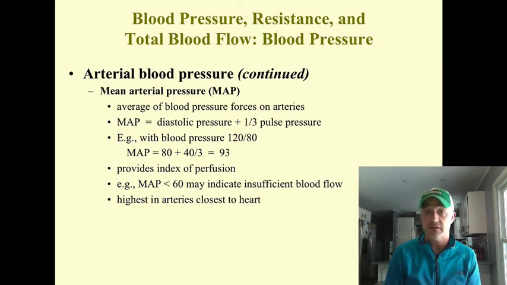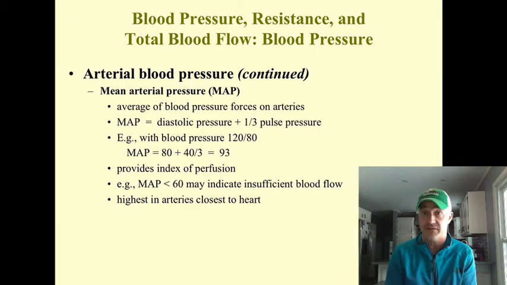So this mean arterial pressure on a normal blood pressure, for example, would be 80 plus that pulse pressure, which is 40, divided by 3, and that gives you an average of about 93 millimeters of mercury, and that is that mean arterial pressure. We need at least about 60 for mean arterial pressure in order to have sufficient blood flow. Any less than that, and we're going to have trouble moving the blood throughout the body.